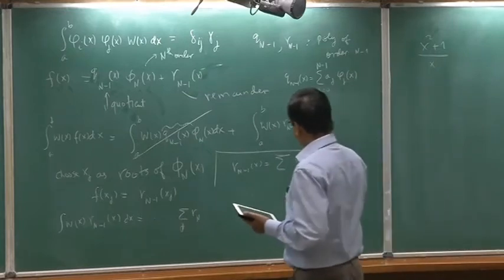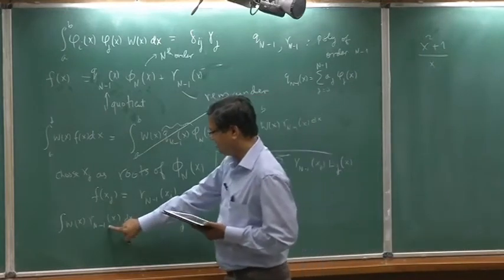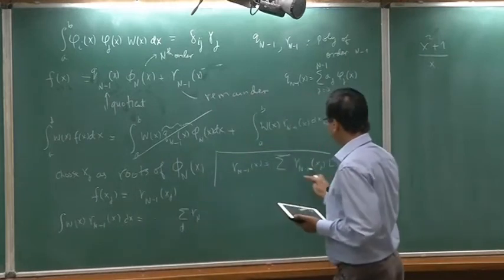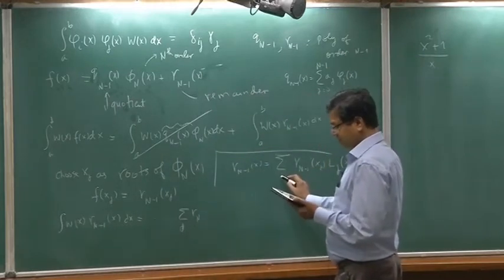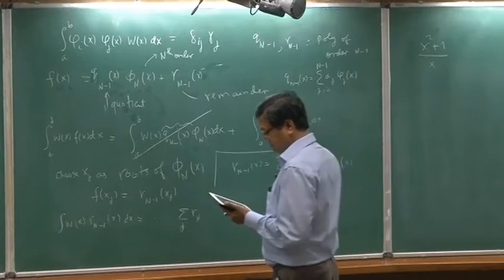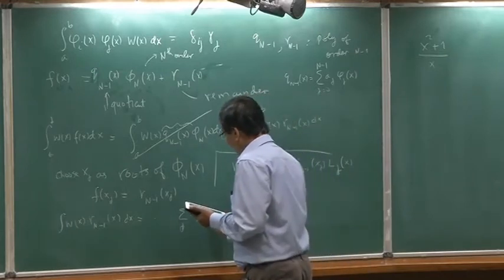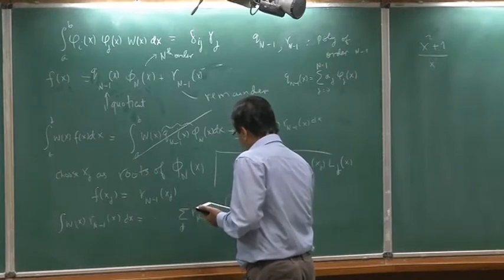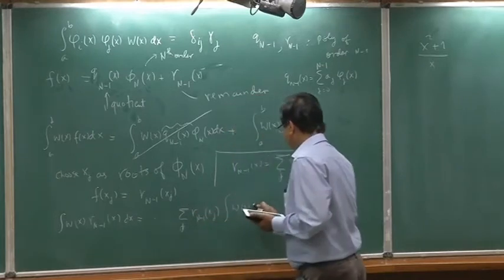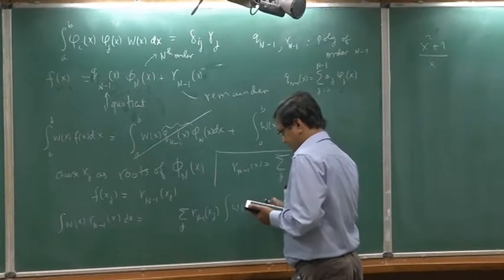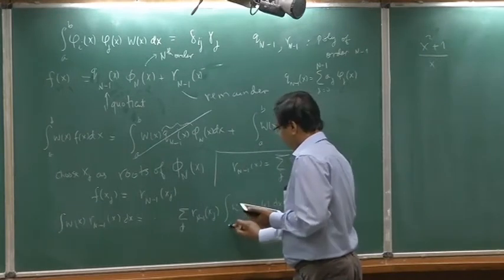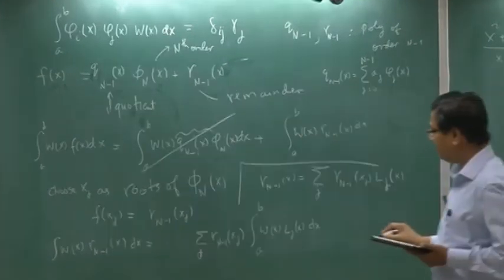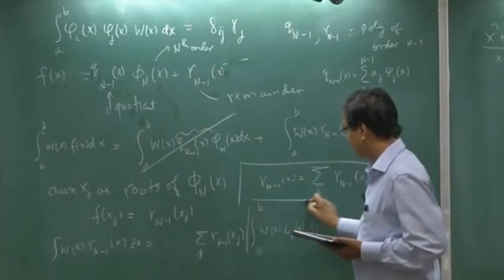So I am substituting this one here, and this is a constant, so it will come out of the sum. So it happens to be R_{n-1}(x_j) times the integral of w(x) L_j(x) dx. Now I call this the weight function.